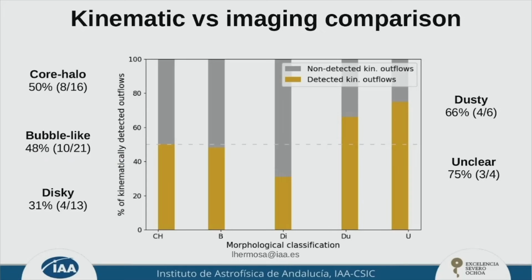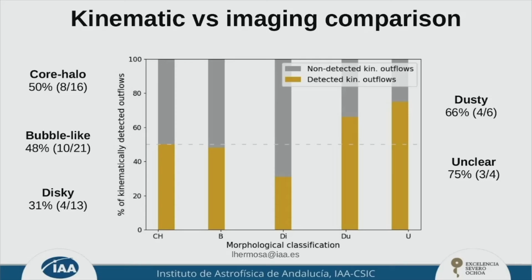What we did next was to compare how well the morphological information agreed with the kinematical information, which of course we know is better for actually detecting outflows. So in this plot, I'm showing the morphological classification for each class, so core halo, bubble, disky, dusty, and unclear. And here the percentage of kinematically detected outflows. As you can see, for all except the disky one, we have about 50% detection for each category.